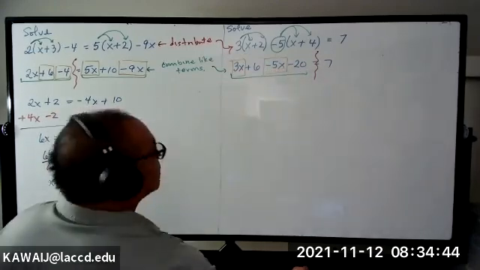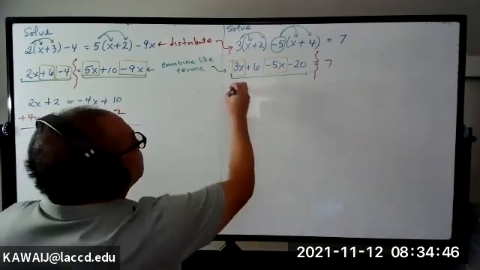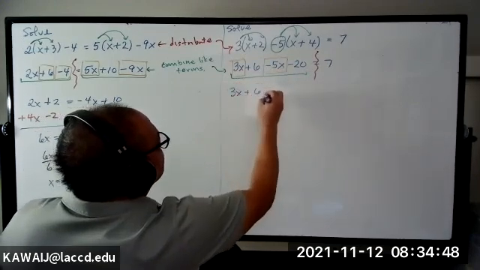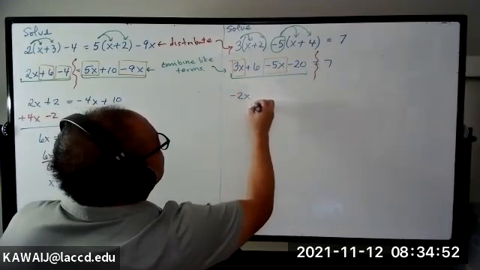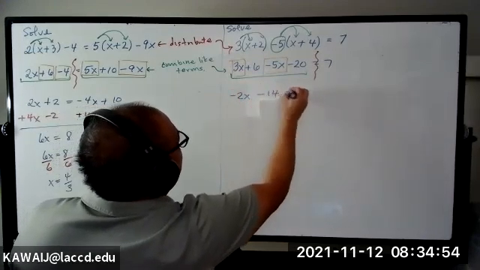So now we get 3x plus 6, I'm sorry, minus 2x minus 14 is equal to 7.